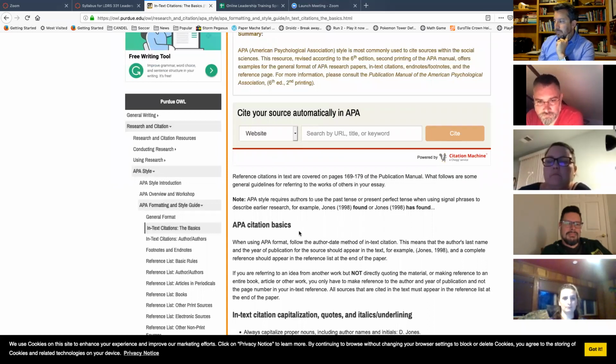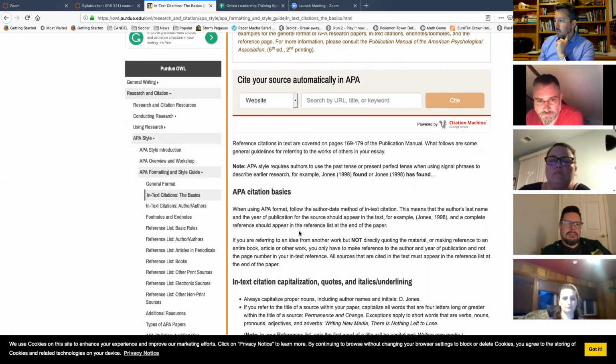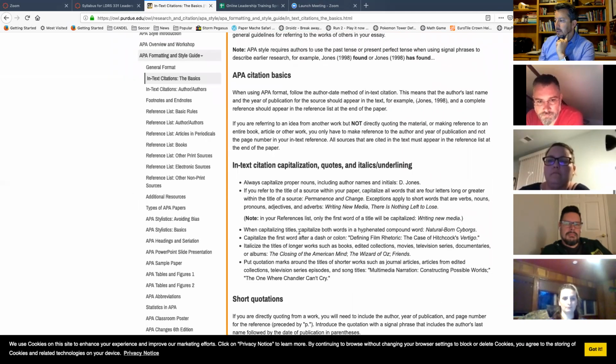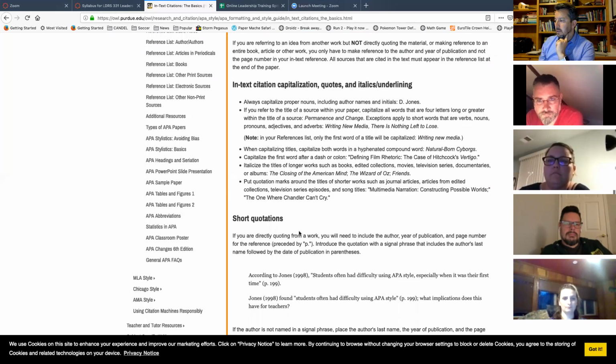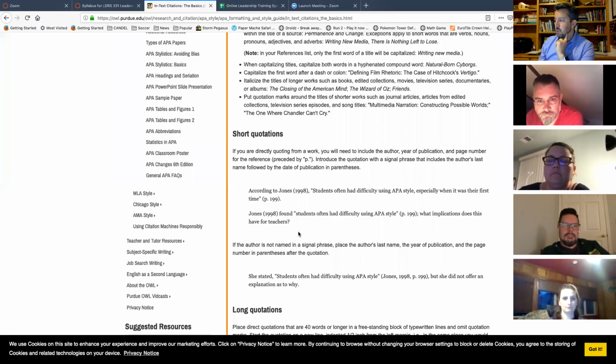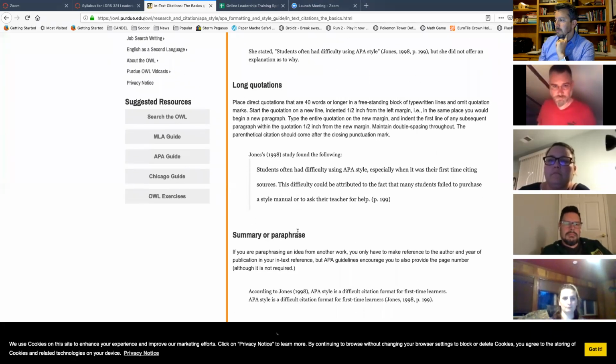The way APA does it is they usually use the author's name and then the year in parentheses. If it's a long quote like this, they indent the entire quote, and then they put the page number at the end.